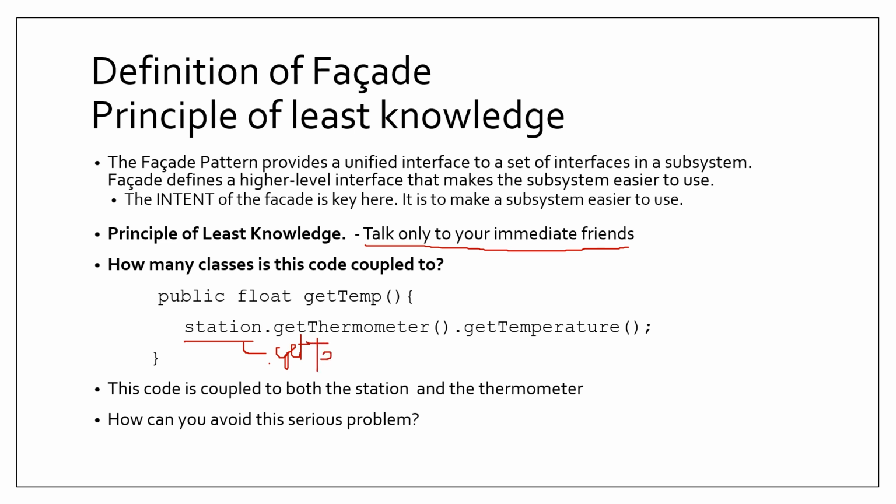Oh, this is really bad. So what we would do is we would say, hey, station, people need to know the temperature, so provide us a getTemp method and encapsulate this thermometer thing so we don't think about it anymore. When we do this, we're actually providing a facade.